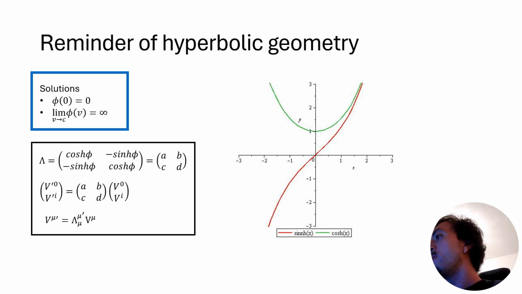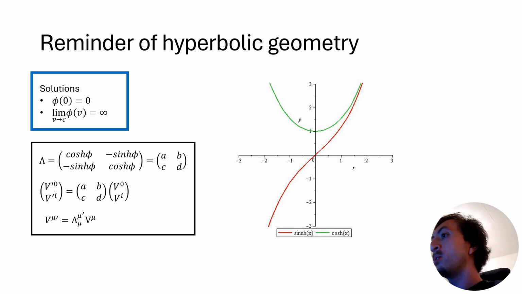And in our previous video, we wrote the Lorentz transform, this lambda matrix, explicitly in terms of hyperbolic functions of the hyperbolic angle, and we had these expressions. The top expression in the black box defines the Lorentz transform.